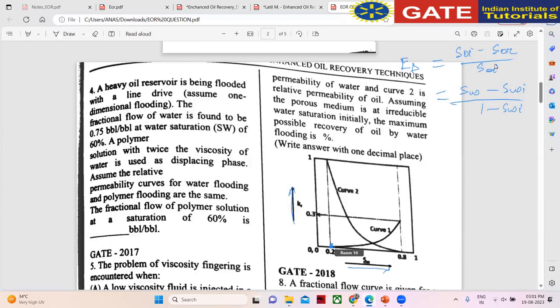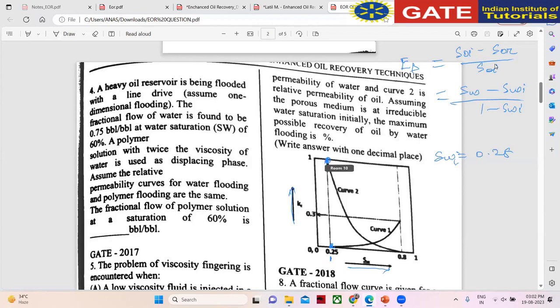So the initial water saturation SWI is equal to 0.25. At that point, you calculate your residual oil saturation, because the permeability curve of oil will touch here.